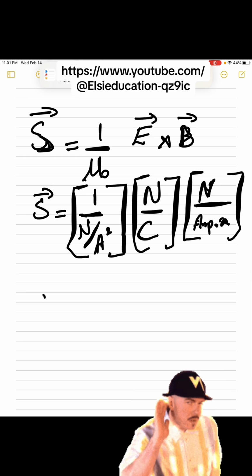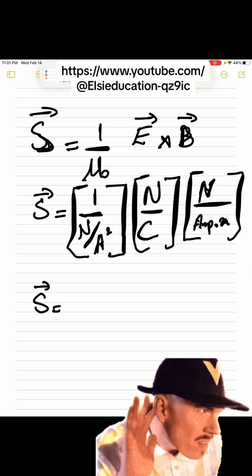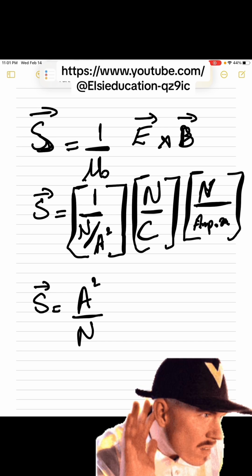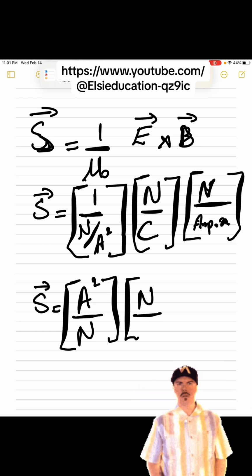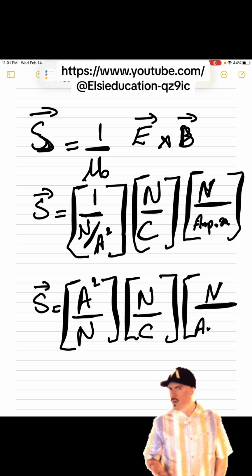Here for the Poynting vector, we switch it up because it's a division of two divisions, so the denominator gets divided by Newton, multiplied by the Newton per Coulomb, multiplied by the Newton divided by amp multiplied by meter.